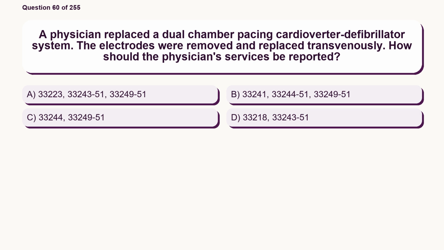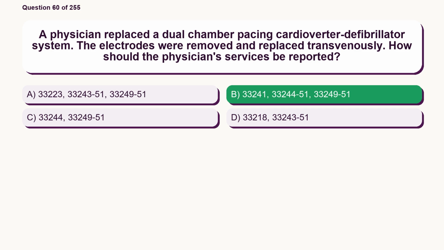Option C, 33,244, 33,249 to 51. Option D, 33,218, 33,243 to 51. The correct answer is option B, 33,241, 33,244 to 51, 33,249 to 51.